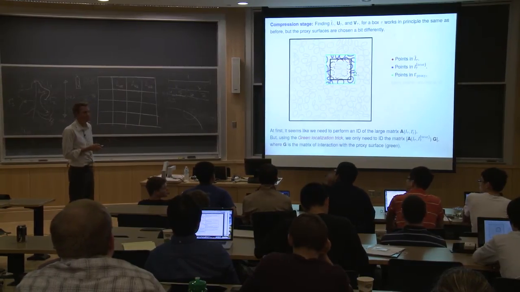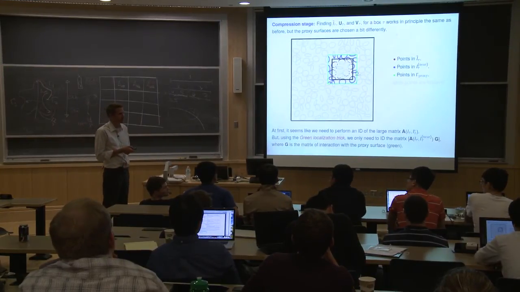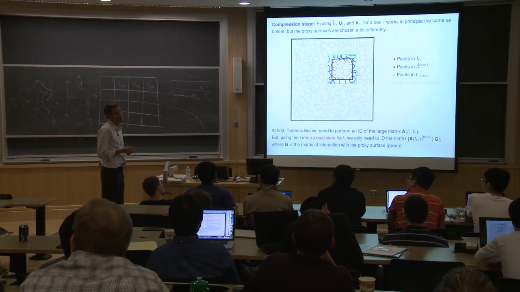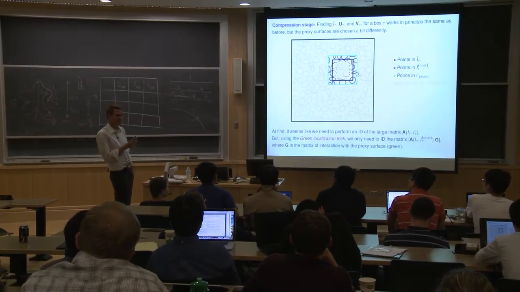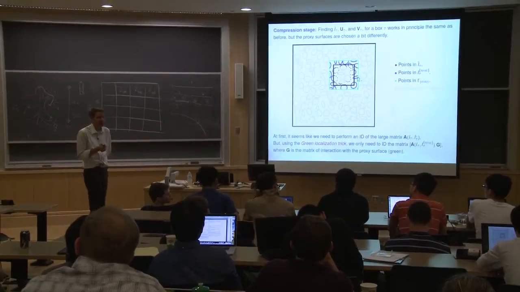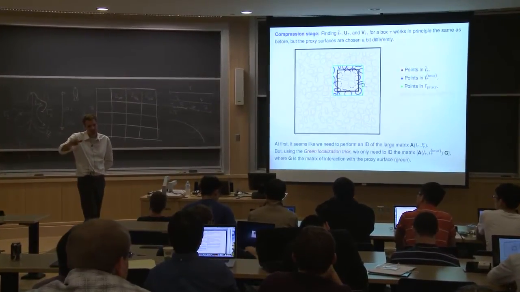I have a question. Are the points evenly distributed, or do you have some special distribution? Evenly typically works very well, but it's pretty insensitive to that. You can put Chebyshev nodes on these lines as well, or Gaussian nodes, or anything that samples smooth functions nicely.